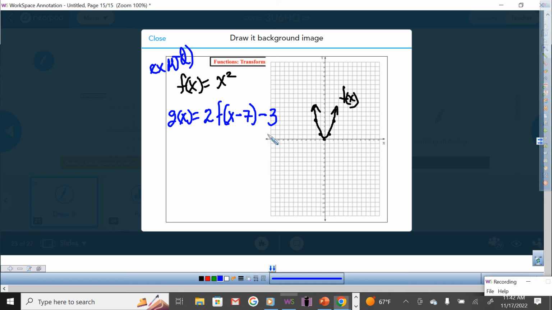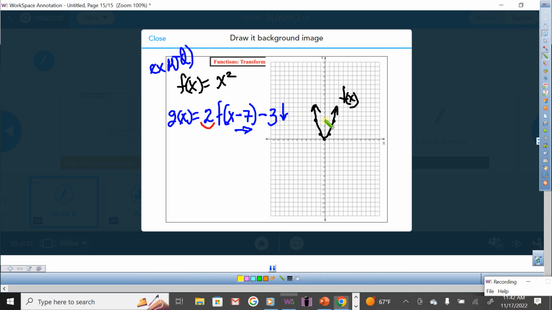H and K. Jaden. 7 to the right and 3 down. Hands if you got that. All right. However, before you do all that, you need to do this. Do that by yourself. For right now, I'm going to give you the y values of these 2 points.